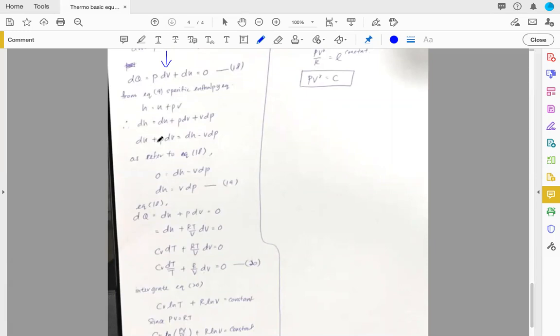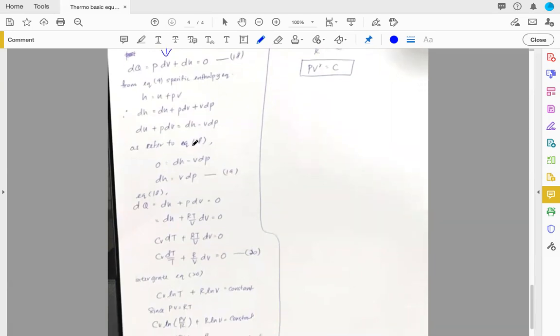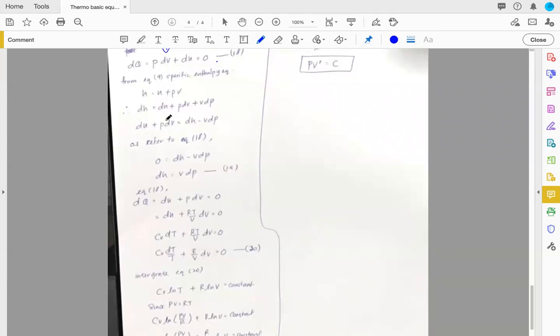So we have dU plus P dV equals dH minus V dP. And then we refer back to equation 18, which says P dV plus dU equals 0. In other words, this means 0 equals dH minus V dP.